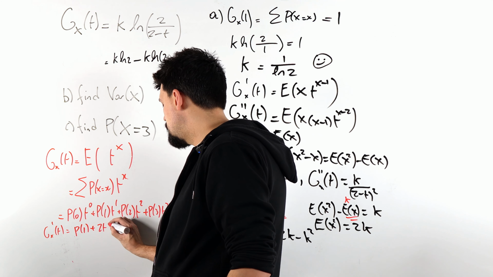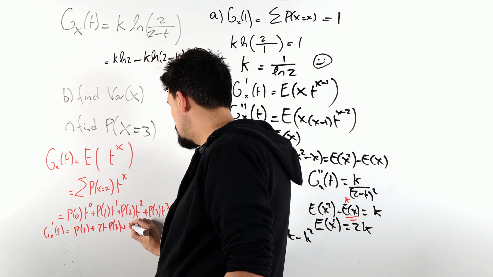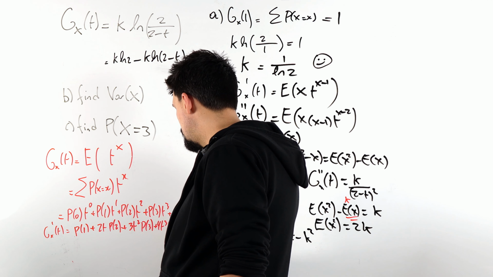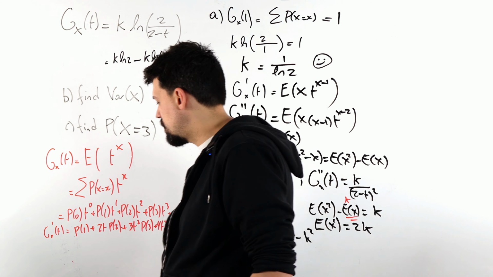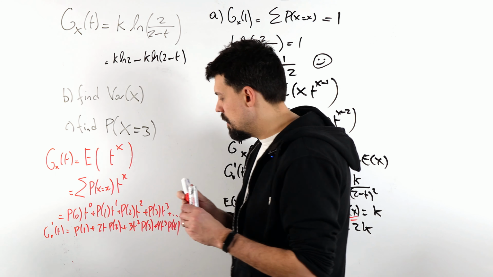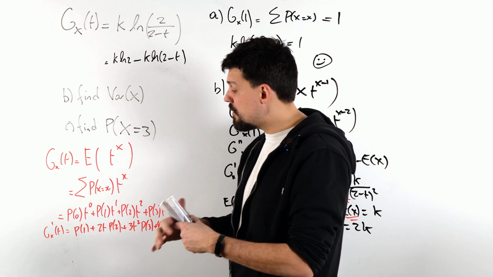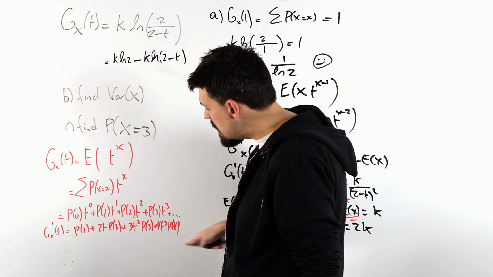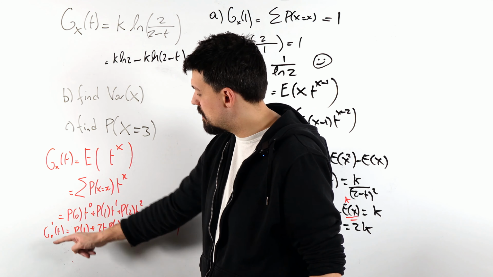This becomes 2t p of 2. It becomes 3t squared p of 3. It becomes 4t cubed p of 4, etc. So the nice thing is, if I plug 0 into this, that term goes, that term goes. Any term that isn't a constant term disappears if I plug in 0.